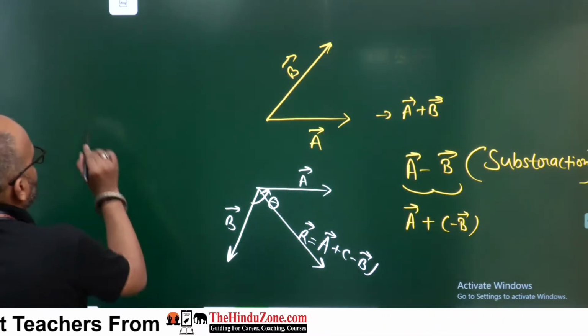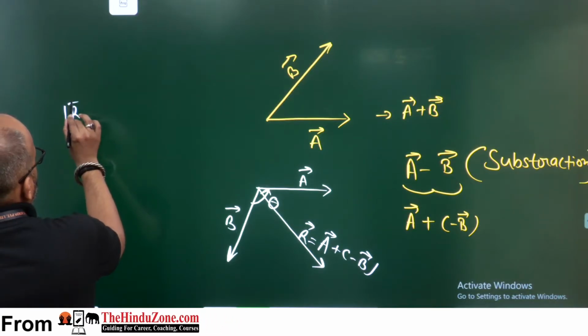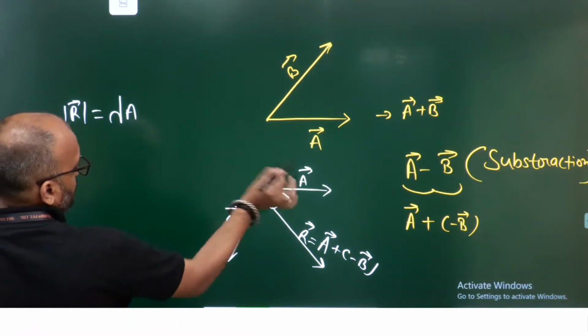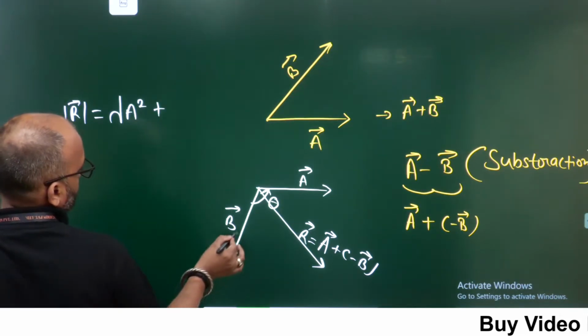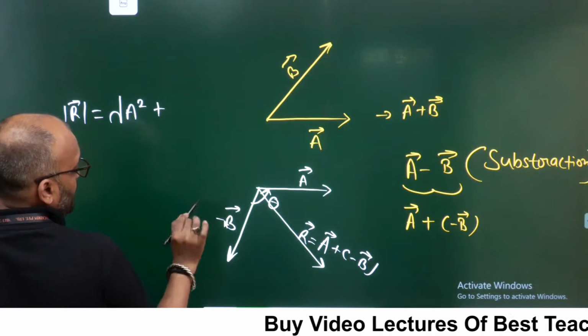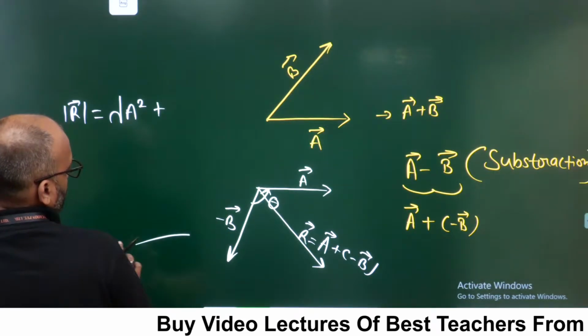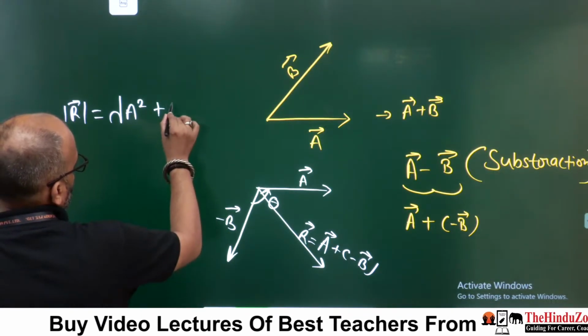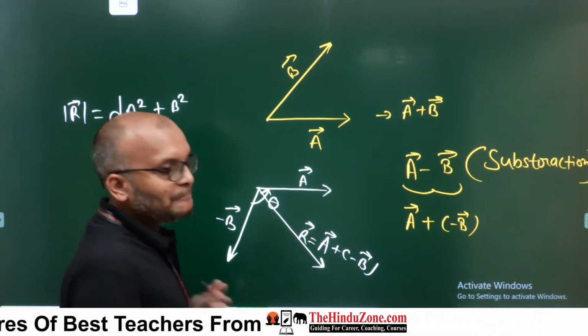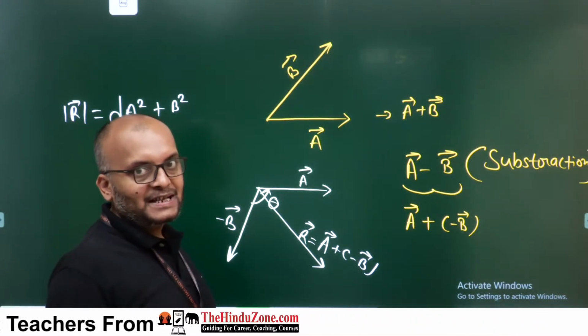So what will happen to the magnitude of r? What will be the formula for it? It will be, see, a square, this is minus b. So minus b whole square will give you b square, and 2ab, in place of b you are going to apply minus b.